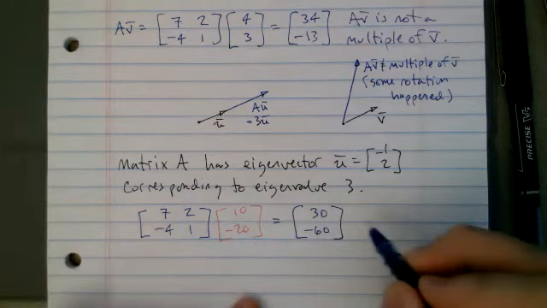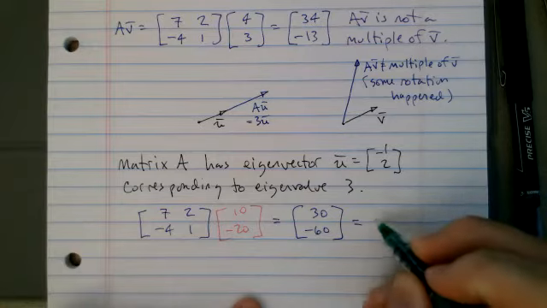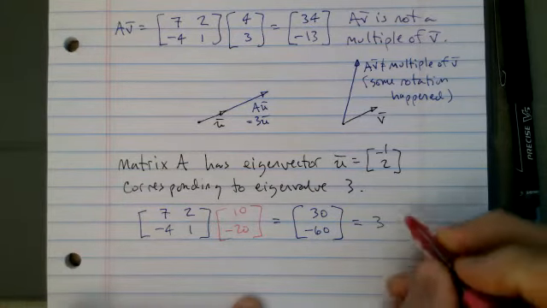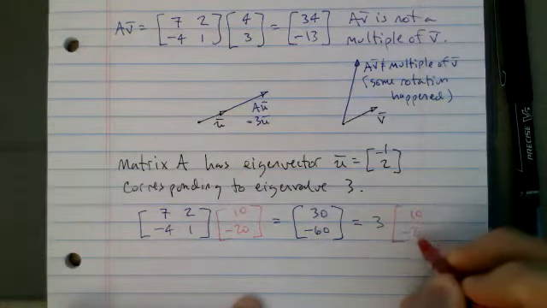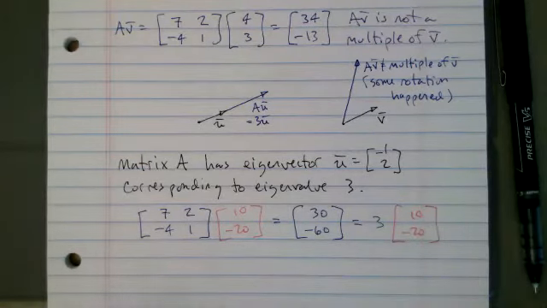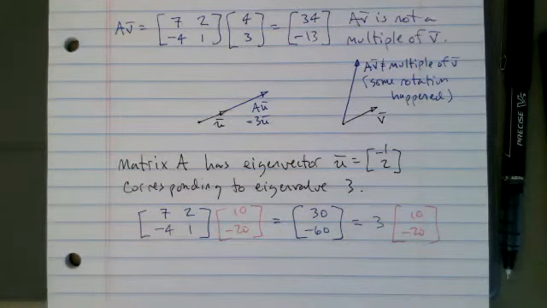So we end up with just 3 times what we started with. So anytime we multiply something on the line -1, 2, we end up with 3 times whatever we started with. Any questions?